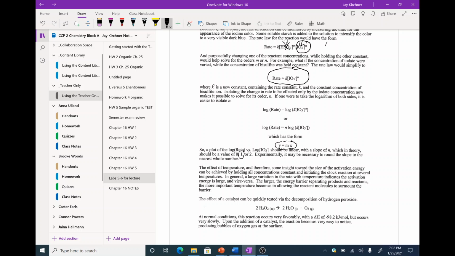If we get a slope of 2, order is 2. If we don't see any change in rate at all, it's a 0. So if we take the log of the rate and the log of this side, our slope should equal n. You don't have to really understand that math, but it's just a way of taking this equation and doing something to the numbers and graphing it so you can see by slope whether your order of the reaction is 0, 1, or 2.